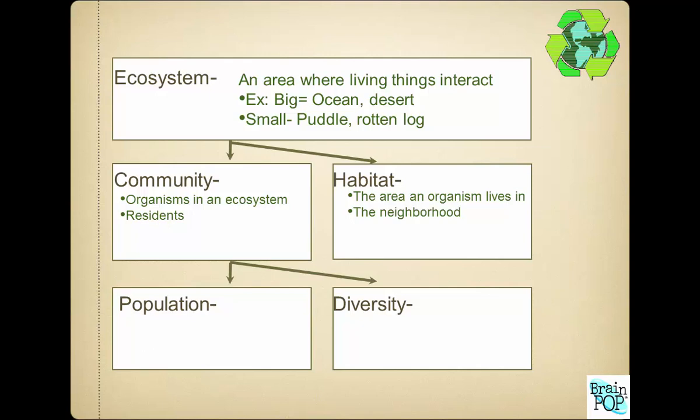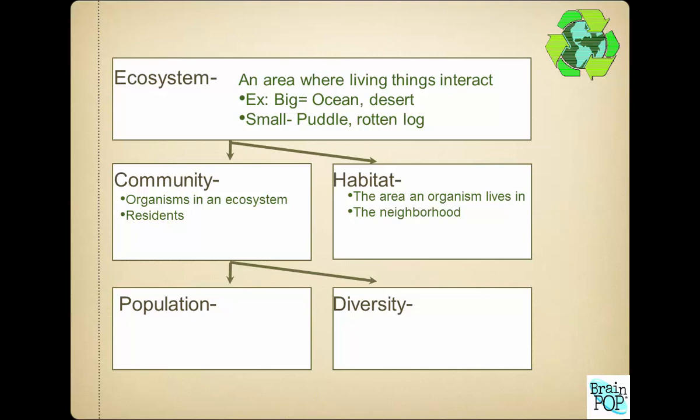That would be the habitat. The community is the living things. The habitat is the non-living things. So like I said, out there, the soil and the air and the water and the rocks, that's part of the habitat out there. The community are all the things that live in that habitat. An ecosystem is made up of a community and the habitat.